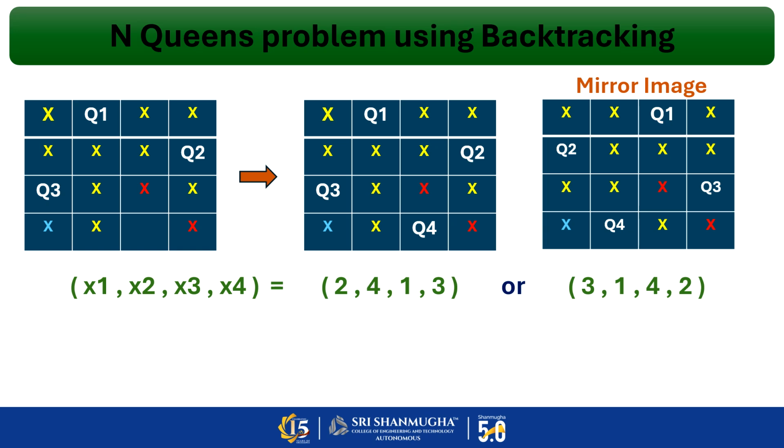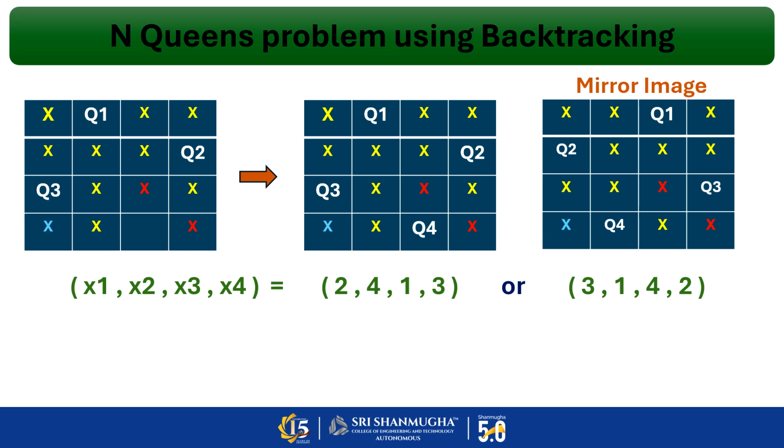But as I mentioned already, there is not only one solution. We have many possible solutions. That means I can construct a mirror image for this, right? When I construct a mirror image, each and every queen will be swapped. The position of Q1 changes from 2 to 3 because it is a mirror image.